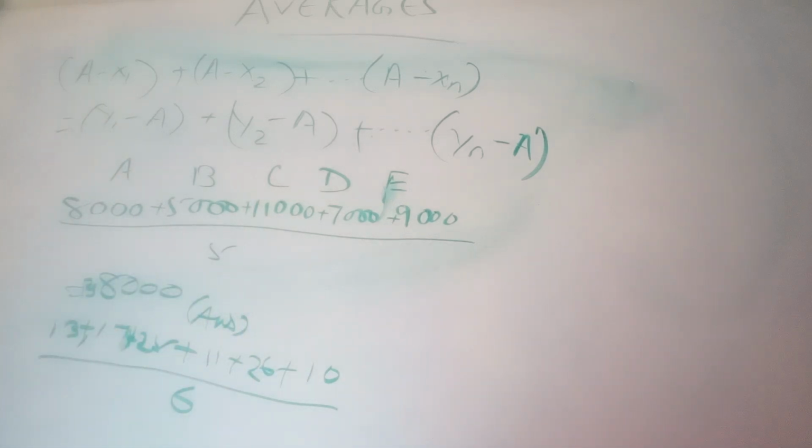So the average of the 6 numbers 13, 17, 25, 11, 26 and 10 is how much?